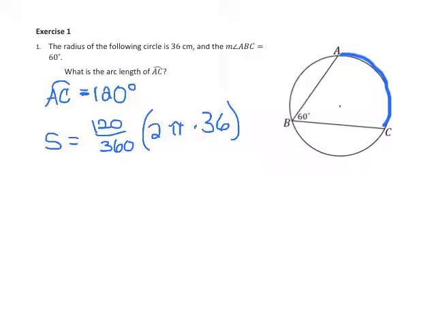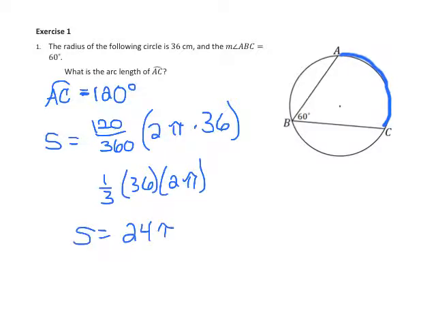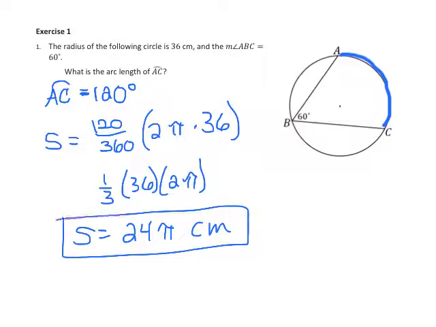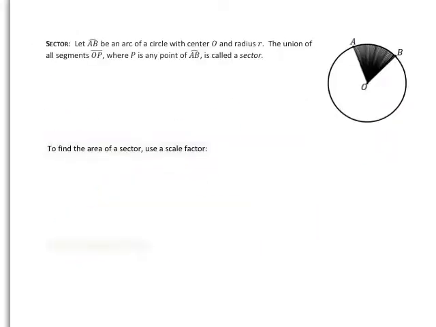Once you simplify all that down, 120 over 360 is 1/3, and then we have 36 times 2 pi. 36 is actually divisible by 3, and we end up with our arc length is 24 pi centimeters. That's our length, and we keep it in terms of pi because that's exact.